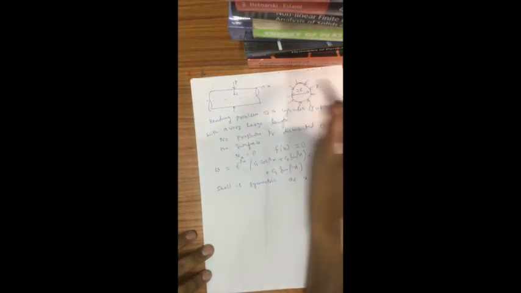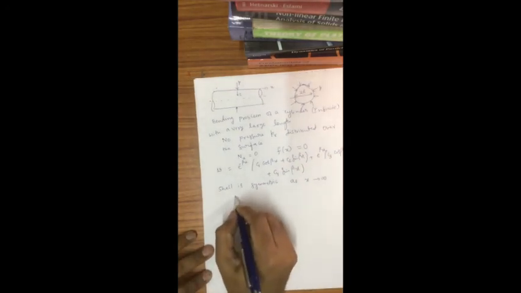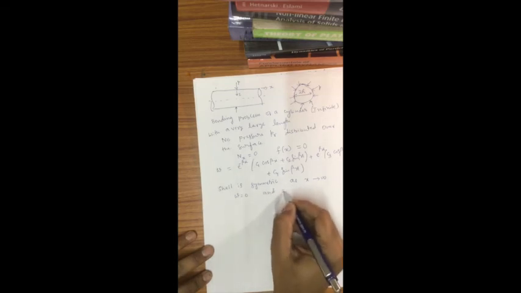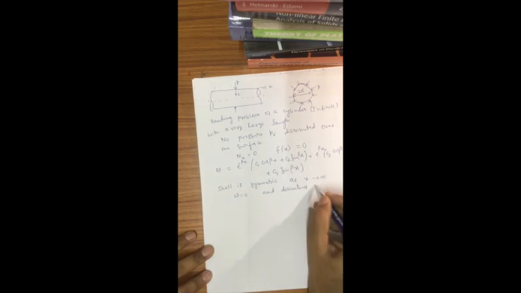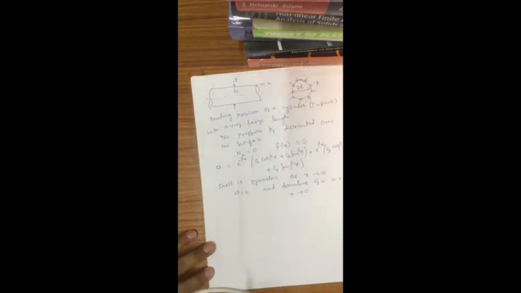If you go far away from that, the displacement is 0 and its derivatives are 0. So W equal to 0 and derivatives of W with respect to x are also equal to 0 as x tends to infinity.